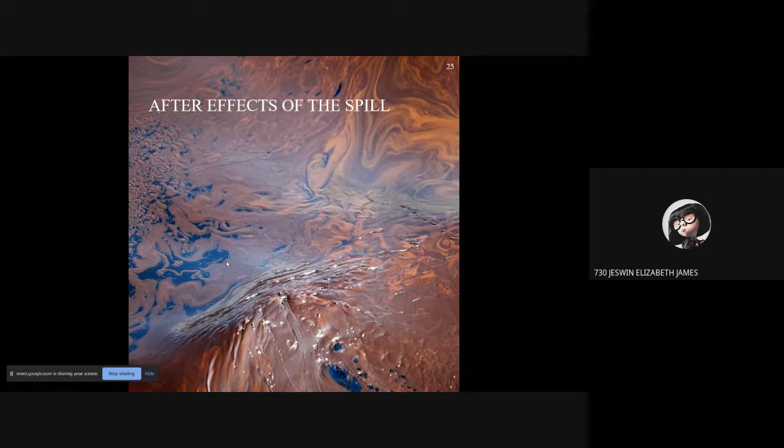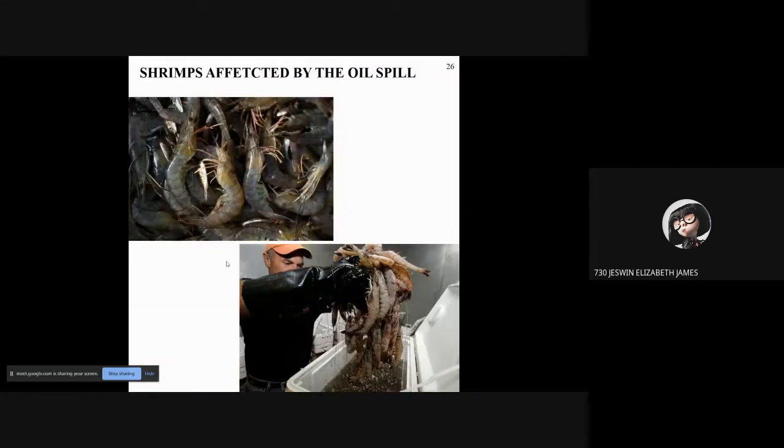The environmental implications were mostly felt by the residents of Louisiana, because their daily livelihood was dependent on shrimp processing, and they used to process around 100,000 pounds of product every year. Now, this amount has dramatically reduced. This is because even a small or minuscule amount of oil is enough to kill a young shrimp.